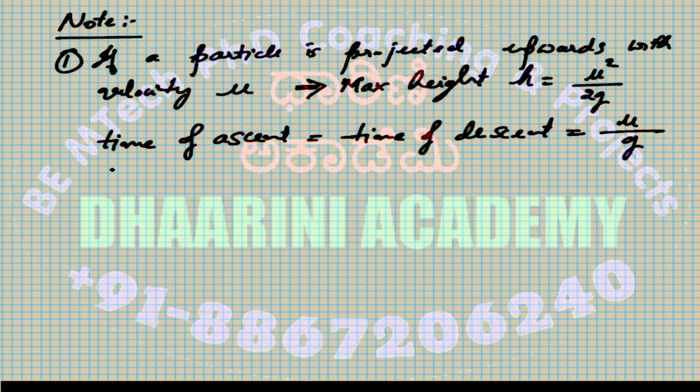Since the time of ascent and time of descent are the same, the total time is time of ascent plus time of descent, so u by g plus u by g, that is 2 times u by g. This is when you throw something upwards from the ground.